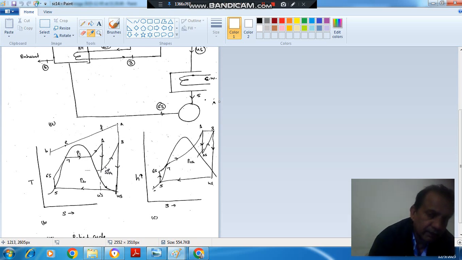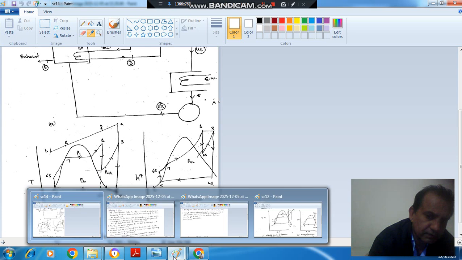And if we look at the efficiency, the higher this reheat pressure, the higher would be the efficiency, because then the mean temperature of heat addition would be more if this pressure is high. If we take reheat here, then efficiency will be more. So this limit is fixed by the reheat pressure over the P1 pressure.